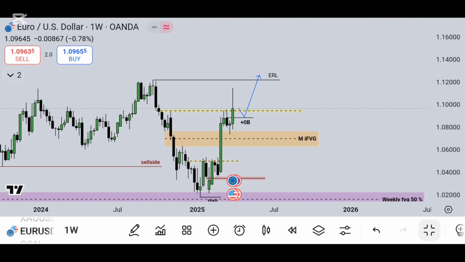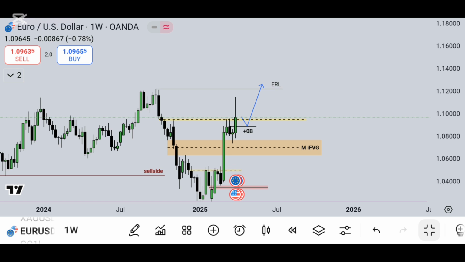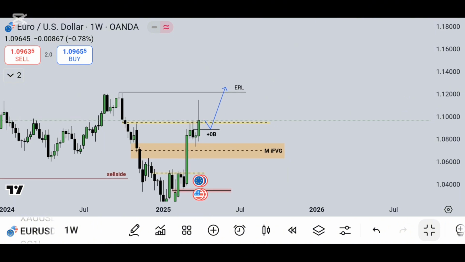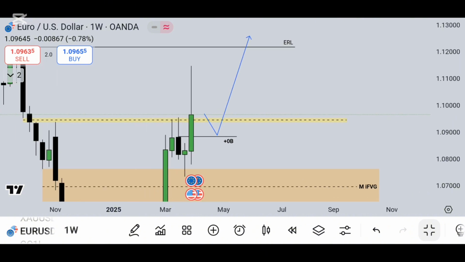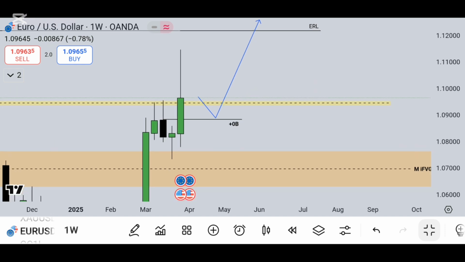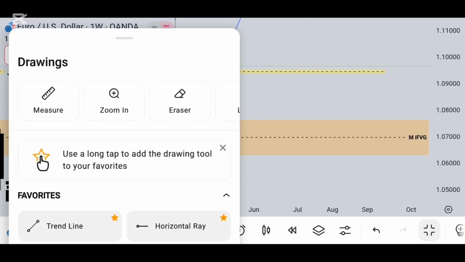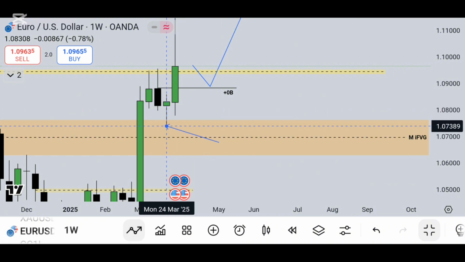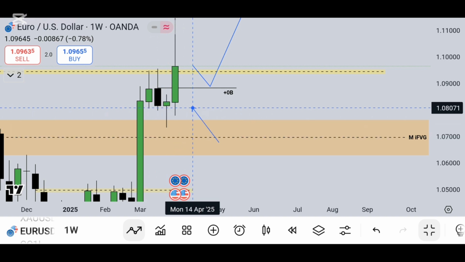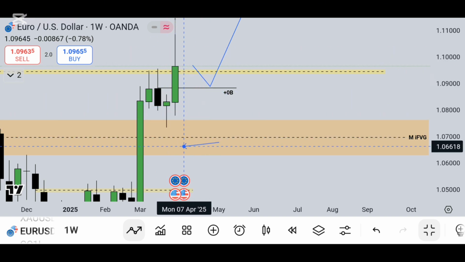Since we saw this rejection candle, that candle of the previous week, since we saw that huge rejection from the upside, what we should expect is a tiny retracement to this weekly order block, right? Because this was a swing low created right here, right? So this is a valid swing low, so we shouldn't expect price to take it out, right?